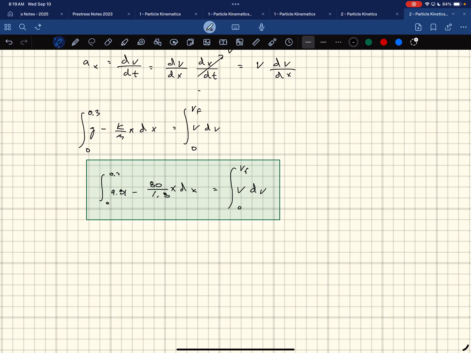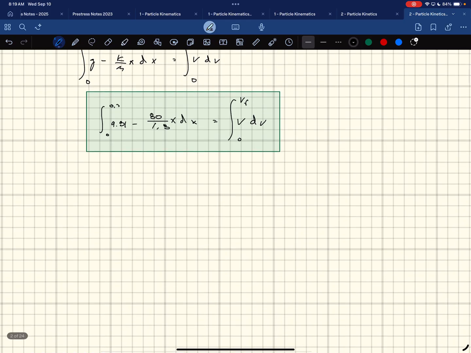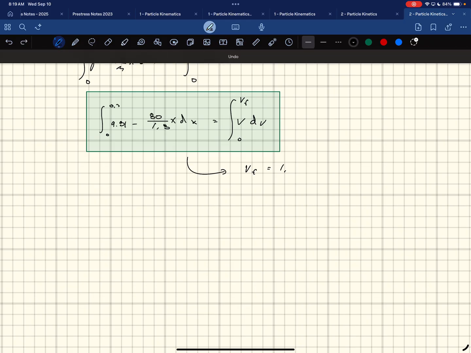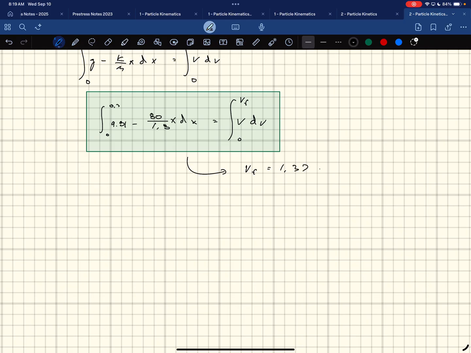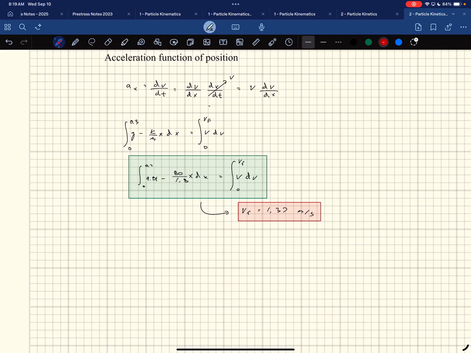So I'm 100% okay with you getting to this right here and then going like this. Answer, right? VF is equal to 1.37 meters per second. 100% okay, right? I know that Anika has been posting the solutions to the homeworks, by the way.